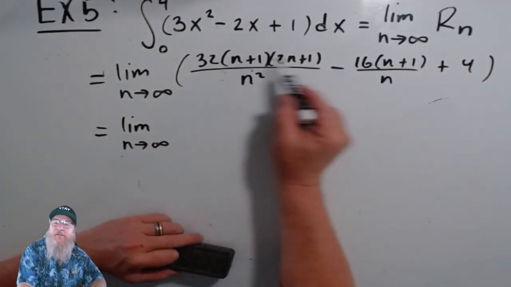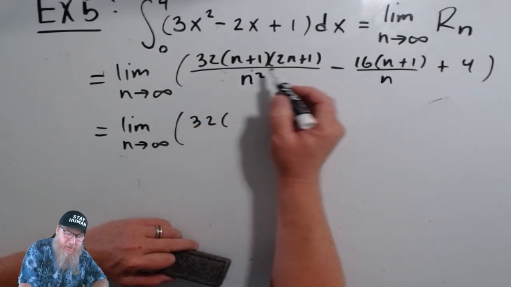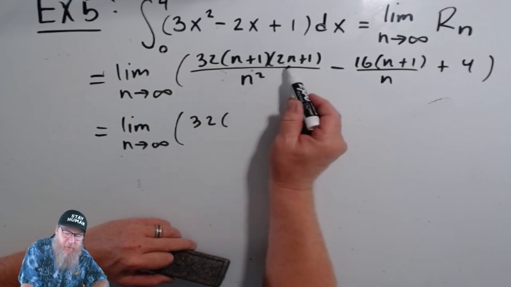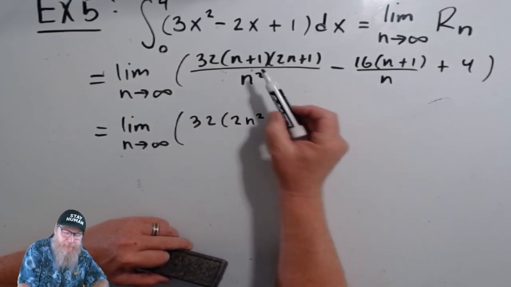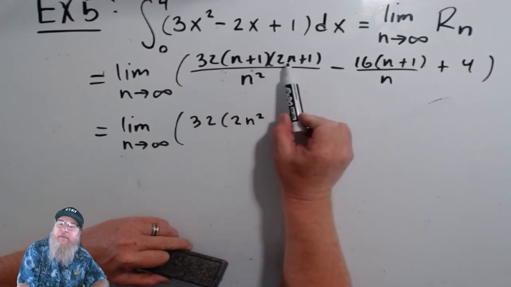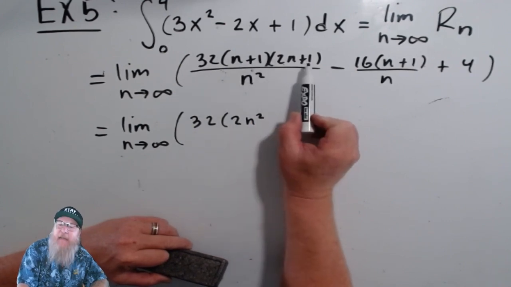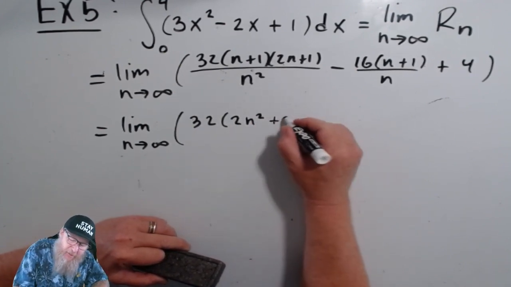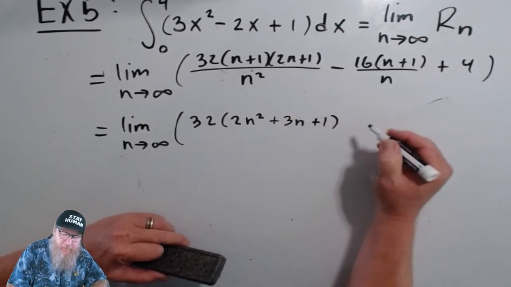Let's go ahead and distribute all of this out. That's going to be 32. Oh, we've seen this one before. N times 2n is 2n squared. Then you've got 1 times 2n is 2n. And then 1 times n is n. So that's going to be 3n. And then 1 times 1 is 1.